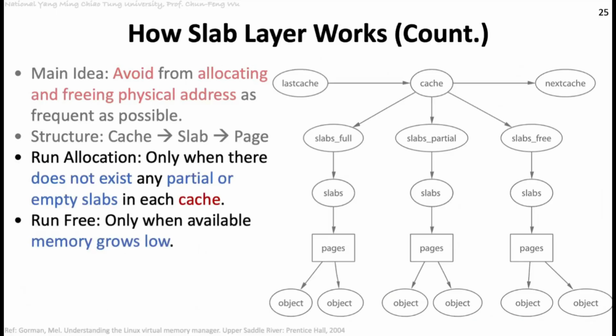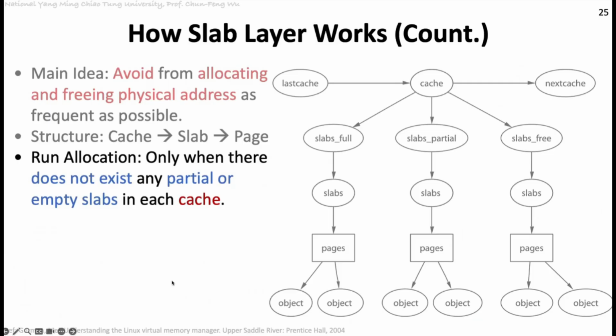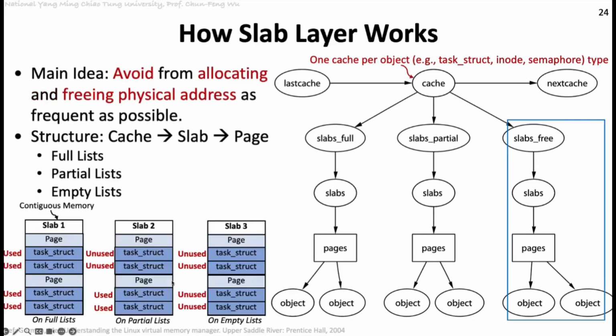So when we free the slab, only when the memory utilization is quite low and there are these empty slabs will we free up this empty space. Otherwise, if we still have enough memory in our system, we will not do the free. Because if we just leave it there, one day when a process is created, we can directly reuse this task structure.